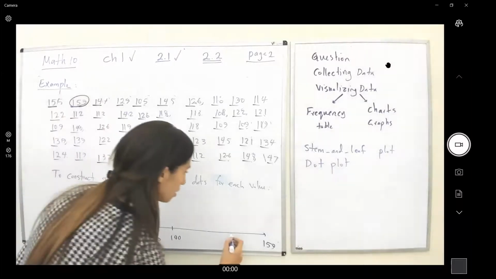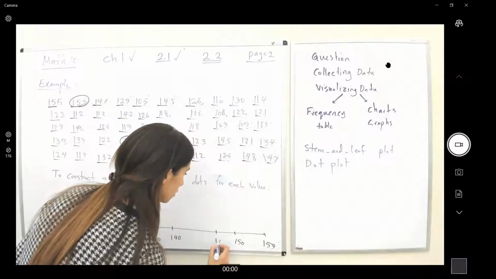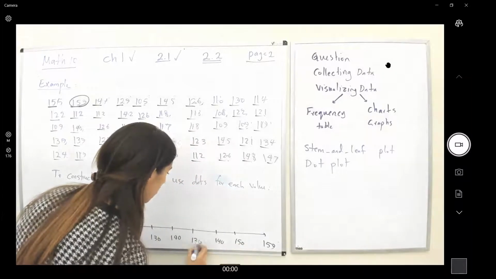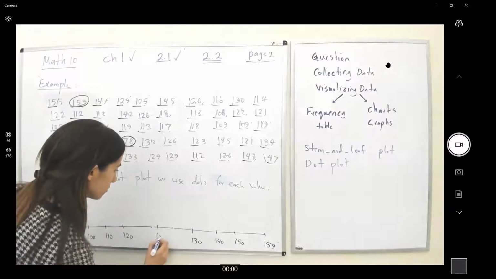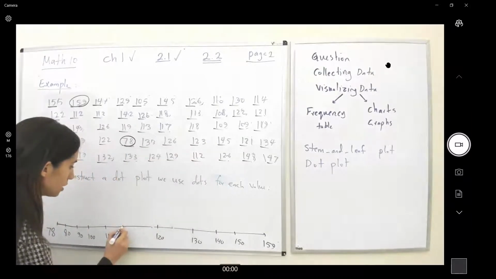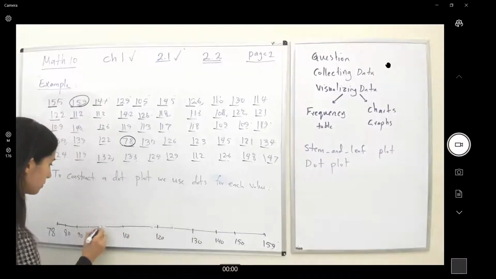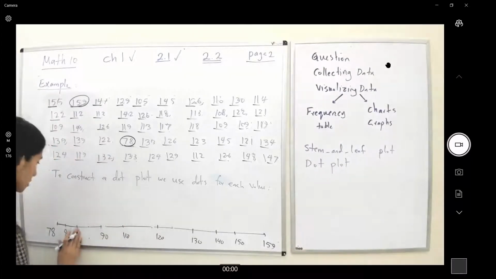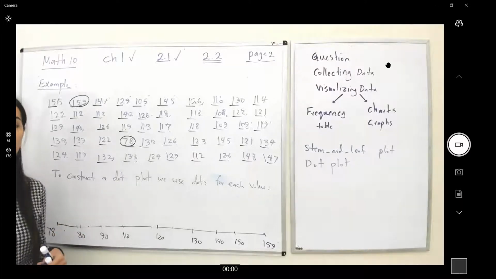It's just scaling, that's fine. 150, 140, 130, 120, 110. This is good. Then here we have 90. Then here we're going to have our 80. And we're done with scaling. Of course, to get a precise dot plot, it's better to use a software.